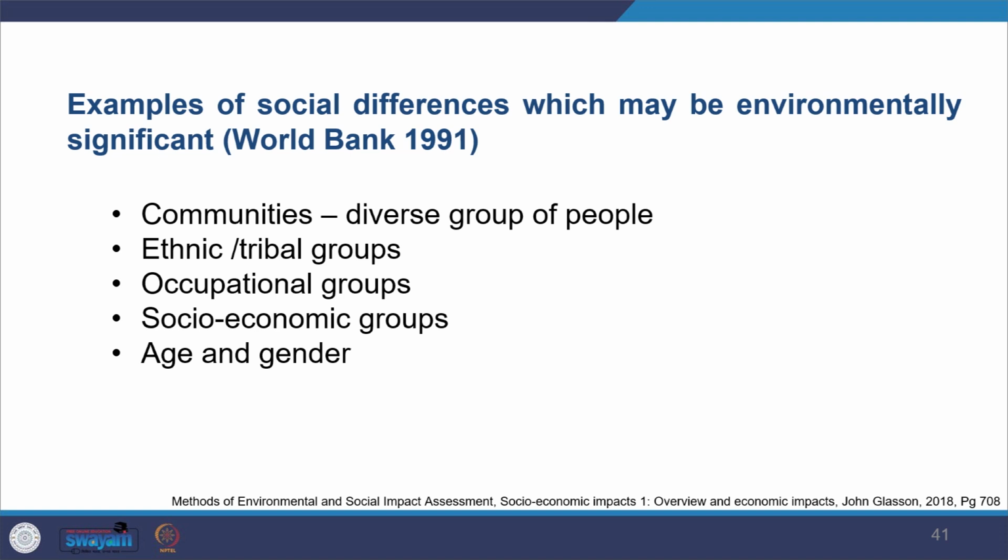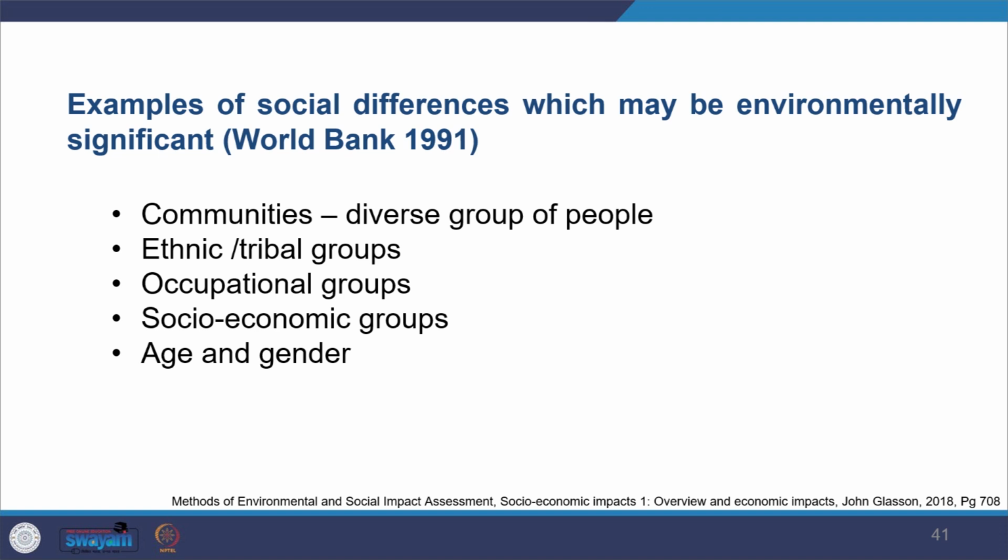So you can see communities. It identifies the term communities, where it refers to a diverse group of people. And then it also emphasizes to recognize the ethnic tribal groups, and then also look at different occupational groups, skill-wise, education-wise, and then look at the socio-economic groups as well, and look at age and gender.